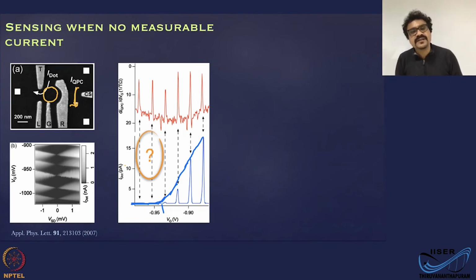So you can actually measure the current just by counting the number of electrons, which we will discuss in a minute, okay, using the charge sensor, where any of the available techniques to measure the current by current sensing fails.